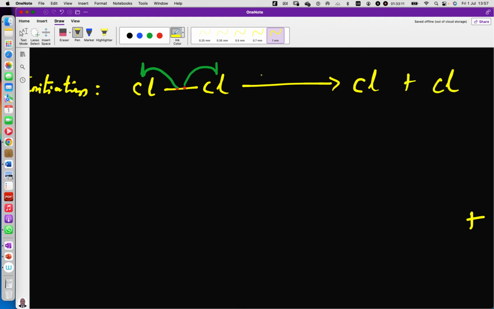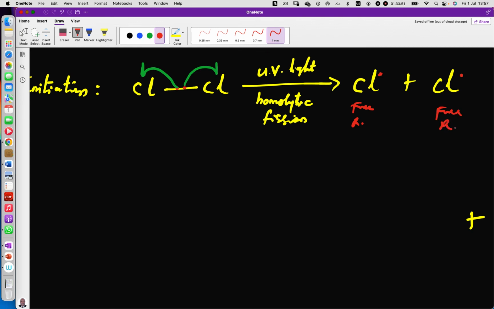It's UV light, and we call this type of fission, this type of breakage, homolytic fission. This is what will happen there. This one will come here, and this one will come here, and this is a free radical and a free radical. That's how you do it.